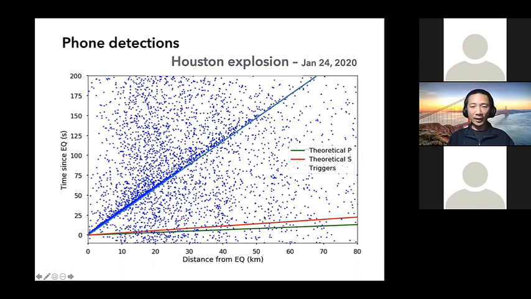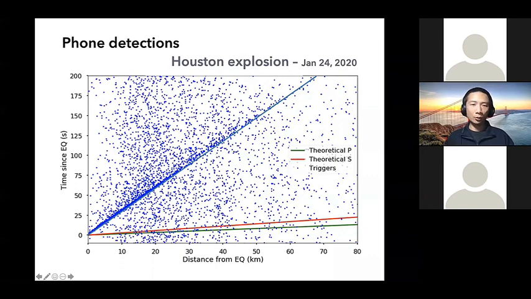Here are the P and S waves, and you can see this one is much slower. If you estimate the wave speed, it is the speed of sound, about 340 meters per second. So this is the acoustic wave that travels across the air, recorded on all these Android devices.